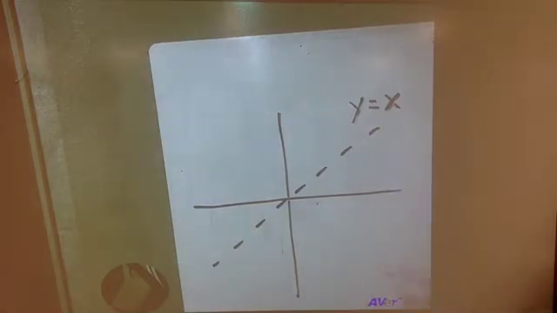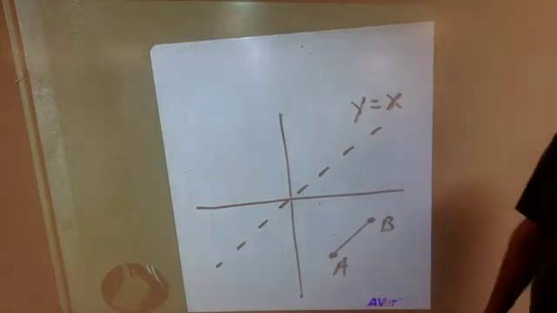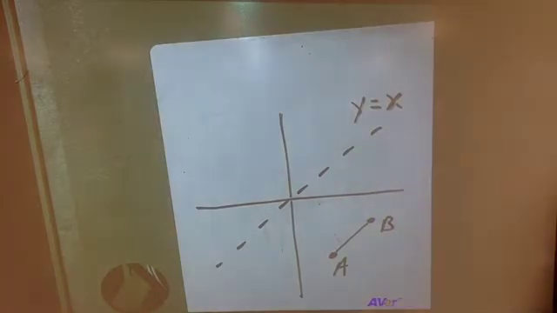Now let's say you want to reflect this line segment AB across the diagonal line y equals x. It would be the same distance across as it is to the line. So you go straight to the line.